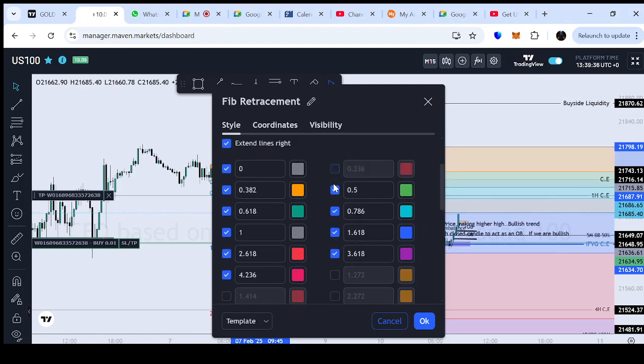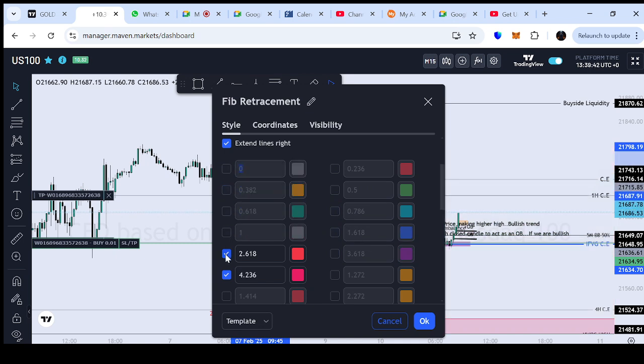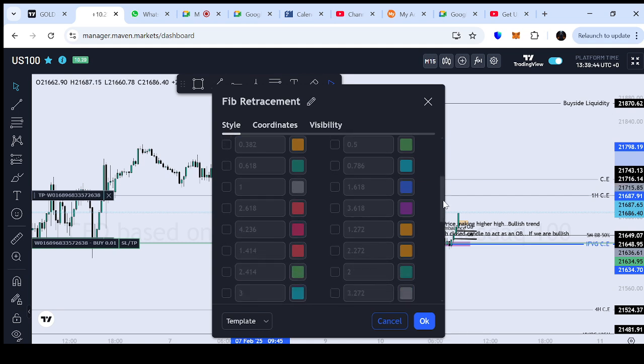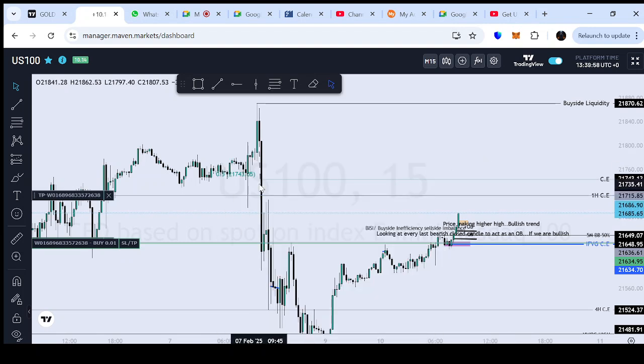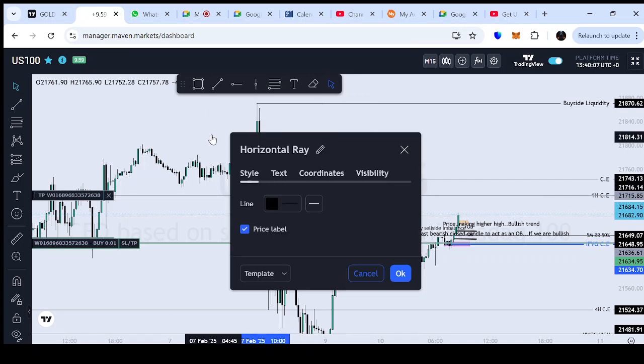You turn off all these, you turn off all of them on your TradingView. Off all of them, then you turn on the 50%, which is the consequent encroachment. 1, 2, 3, 4, 5, 50%. That's the 0.5, 50% level. That's the consequent encroachment on 15 minutes. That's how I get this 50% here.